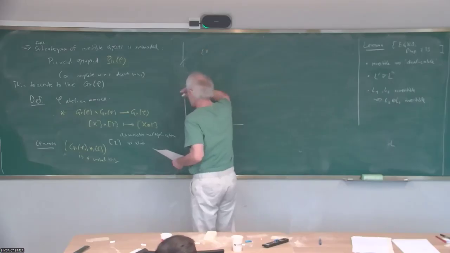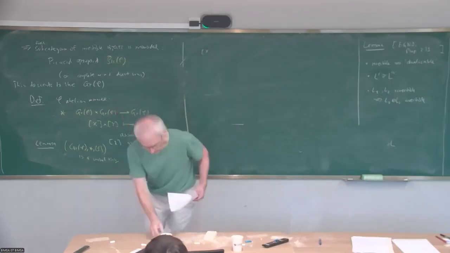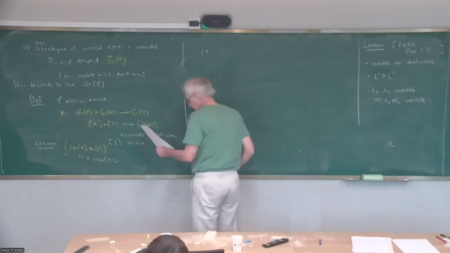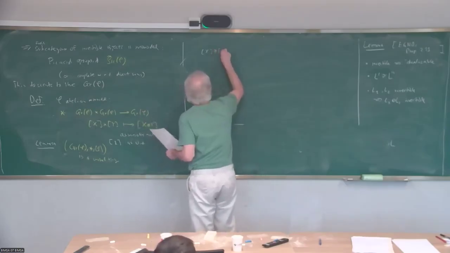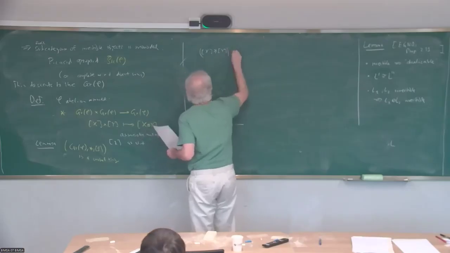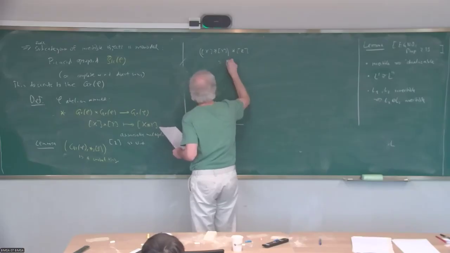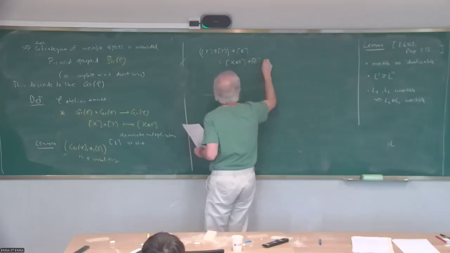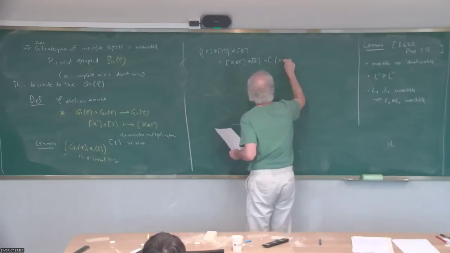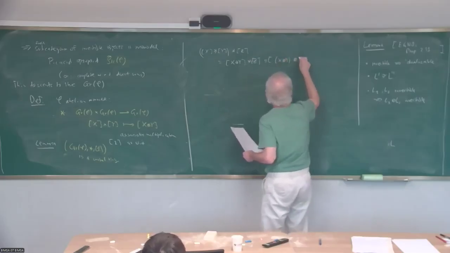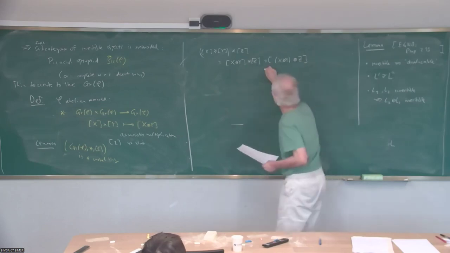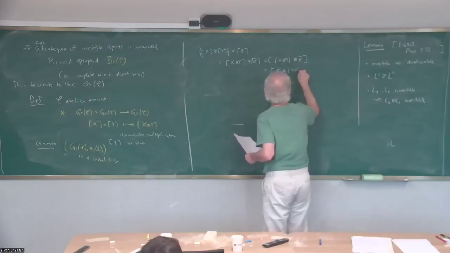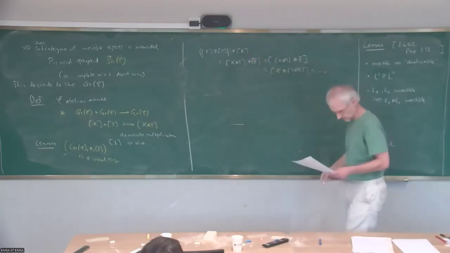Associativity: if we take X times Y times Z, this is by definition the class of X tensor Y tensor Z, but by definition of the Grothendieck group this is the same as the class of X tensor Y tensor Z with the other bracketing, and then you do the steps backwards.